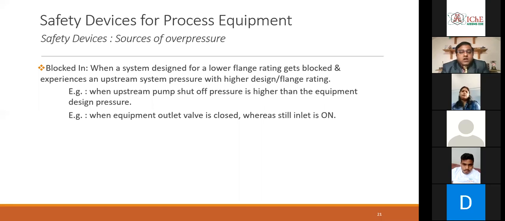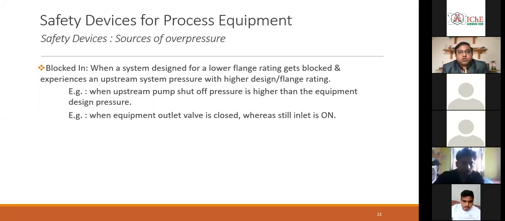So when you are checking this case, you have to know the pump shutoff pressure, go to your system, and analyze what your system design pressure is. If the pump shutoff is say 25 and you have designed the system for a 150-pound flange rating, which is lower than 25, then you need to put a PSV.